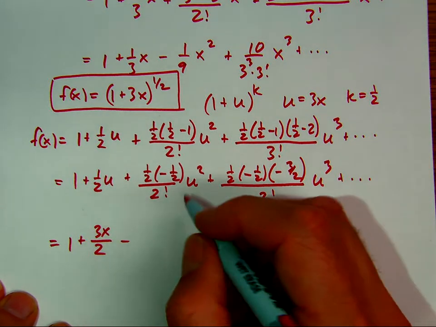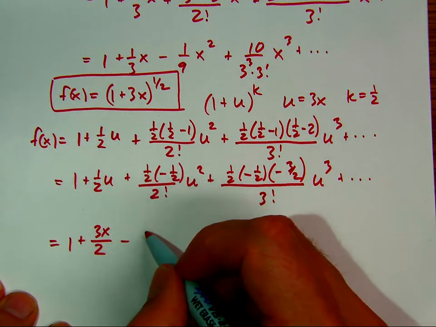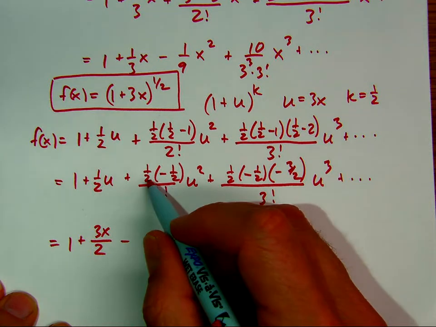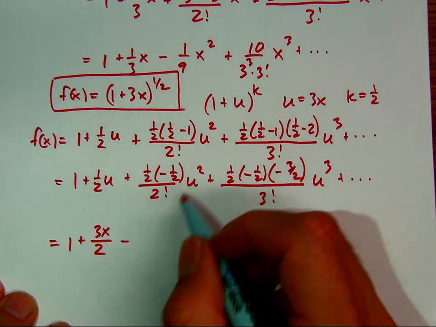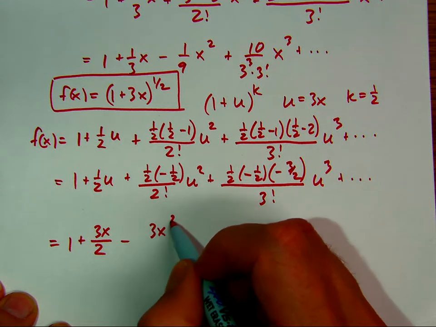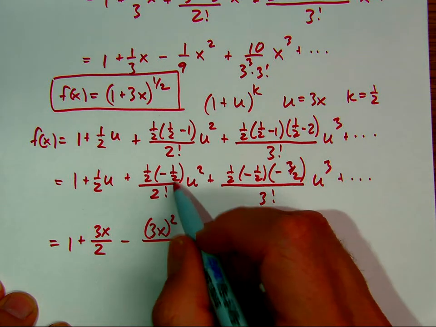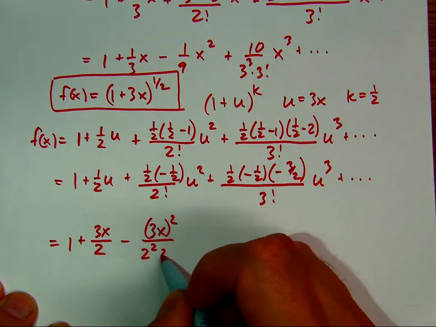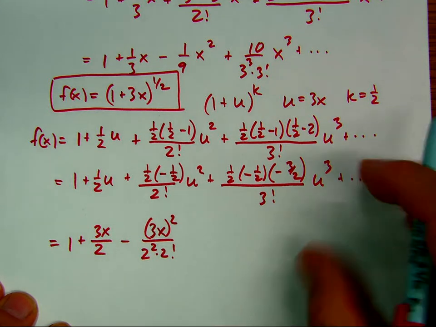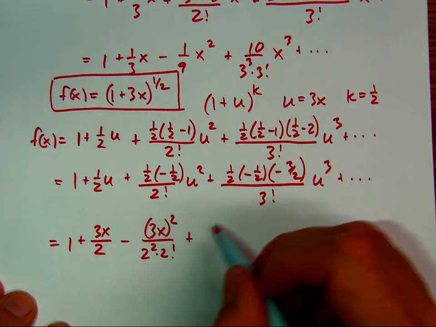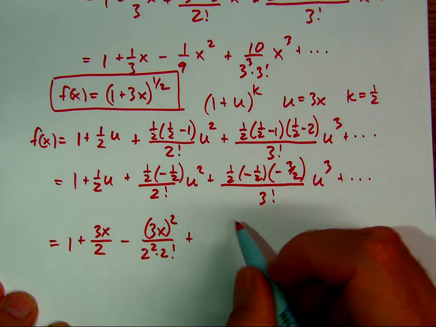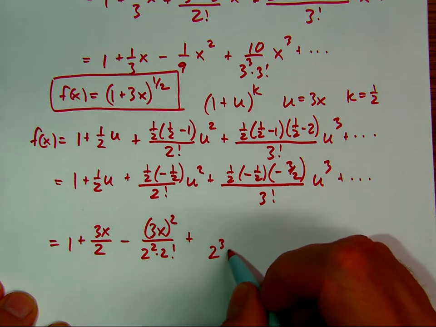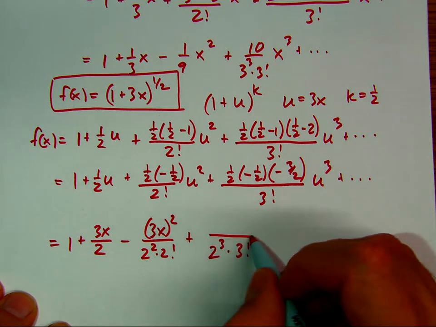And here we're going to have minus 2 times 2, so that'll be u squared, that'll be 3x squared, 2 times 2 in the denominator, 2 factorial. Now we have 2 times 2 times 2, so that will have 2 cubed, 3 factorial.